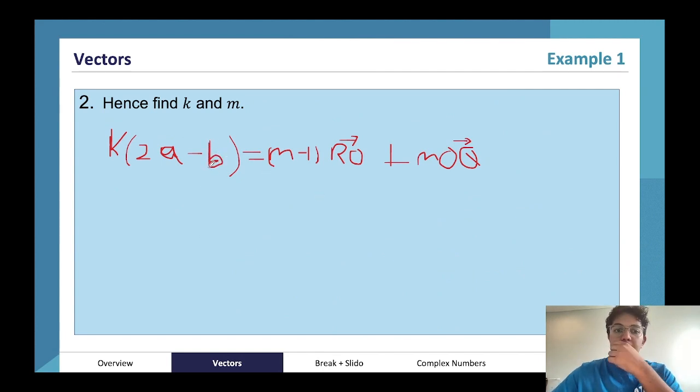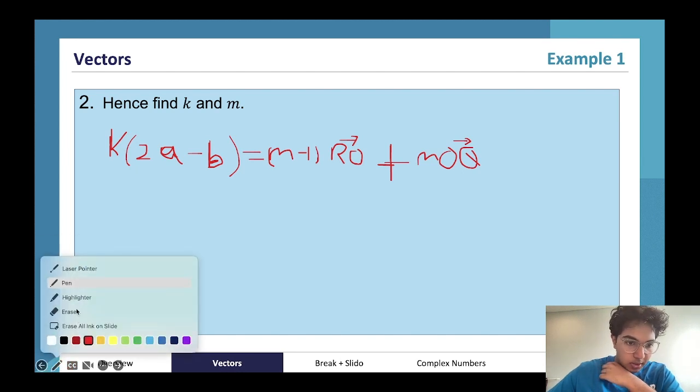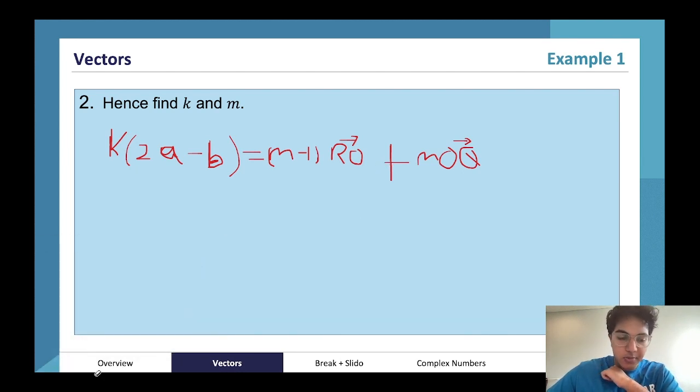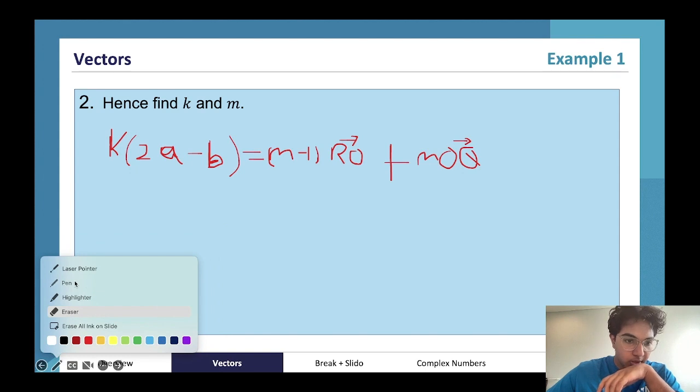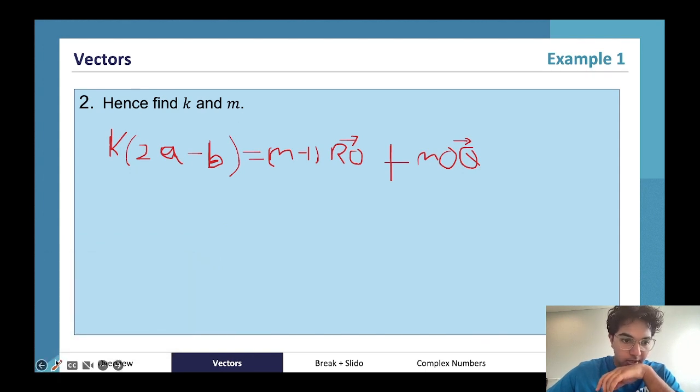So I've obviously made a mistake somewhere. Or maybe I haven't. I'm just really brain dead. Find k and m.